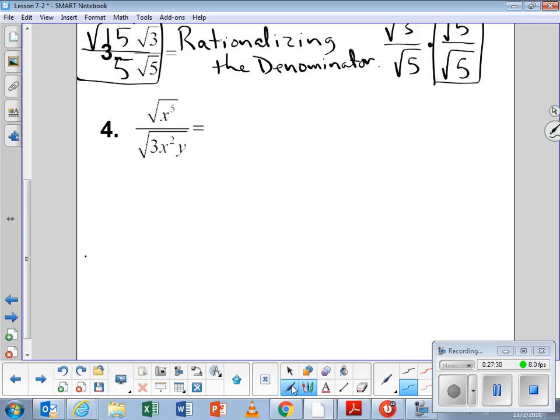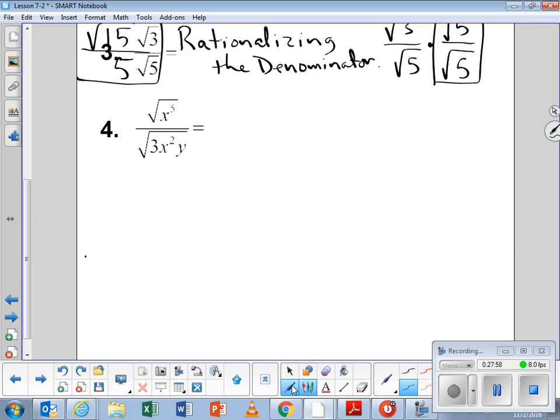Okay, now, when we look at this one, before we get into rationalizing, I don't usually recommend you rationalize instantly, because a lot of times if you do that on a problem like this, you're going to end up having to simplify later, and sometimes you have to re-rationalize again because you didn't really eliminate what you thought you were going to. Okay?